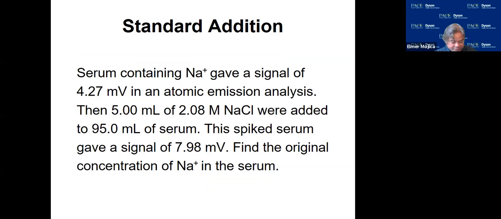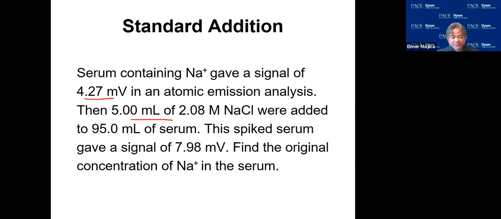So let's try to work one problem in the standard addition. We have here serum containing sodium that gave a signal of 4.27 in atomic emission analysis. Then 5 ml of 2.08 molar NaCl were added to 25 ml of serum. The spiked serum gave a signal of 7.98. You're asked to find the original concentration of sodium ion in the given serum.